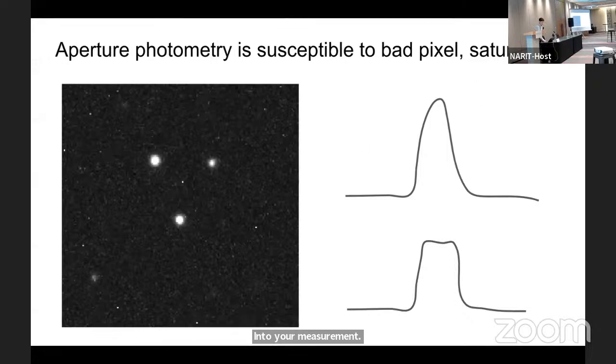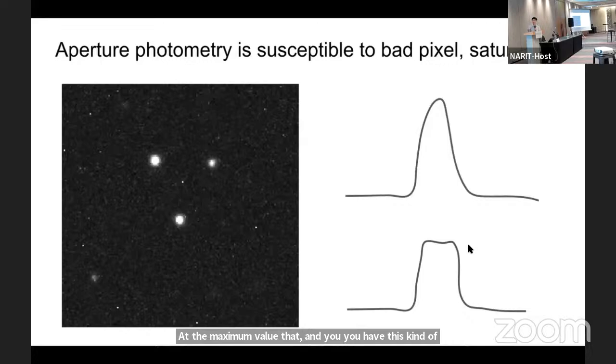And yes, I also say saturation on the right here. I'm showing the profile of the star. If you make a projection cut in DS9, you can see the star in one direction looks kind of like that. If you have saturation, usually what happens is that instead of the counts going up, it will stop at the maximum value that the CCD can output, and you have this kind of a top hat shape instead.